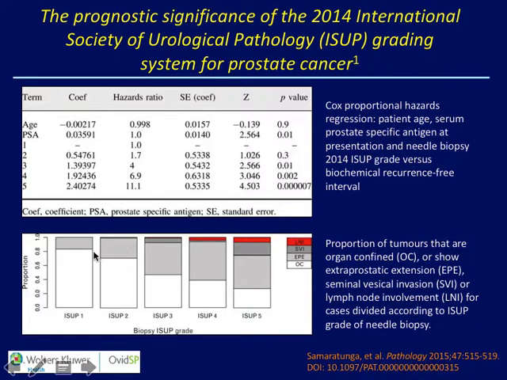As you go up in score, you have an increase in extraprostatic extension, which is light gray, seminal vesicle invasion, which is dark gray, and lymph node involvement, which is red. Importantly, the ISUP 1 tumors had very little extraprostatic extension and no lymph node involvement or seminal vesicle invasion. And here's the hazard ratio for biochemical recurrence with the different grade groups. So it really validated that the tiered system works quite well.